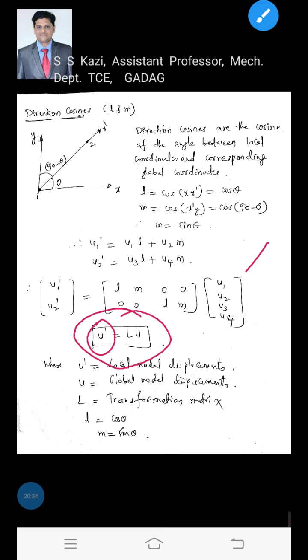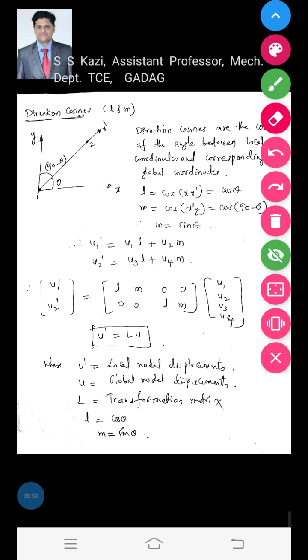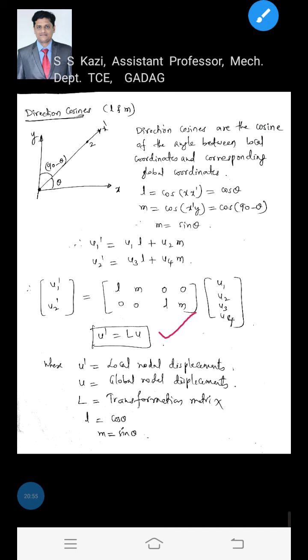What is u dash? u dash is the local nodal displacements. L is nothing but the transformation matrix. This transformation matrix is used to transform the displacements between local and global using the direction cosines L and M. U is the global nodal displacements.